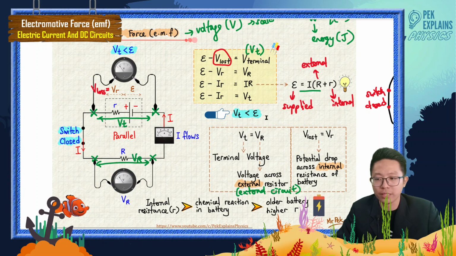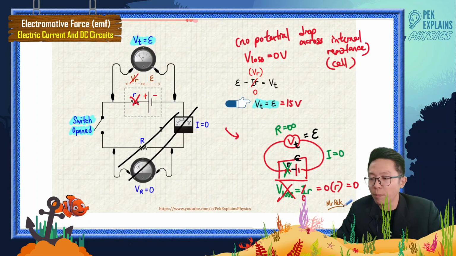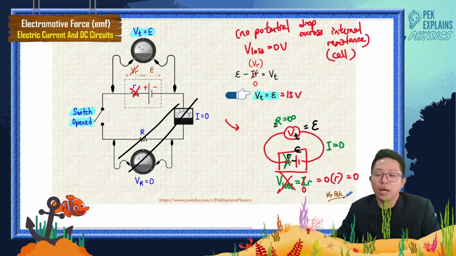The EMF may be 15 volts, but you only get 12 volts. But if you open the switch, you get 15 volts, because there is no voltage loss across the internal resistor. Like E minus 0, you get the terminal voltage. So terminal voltage is equal to EMF.